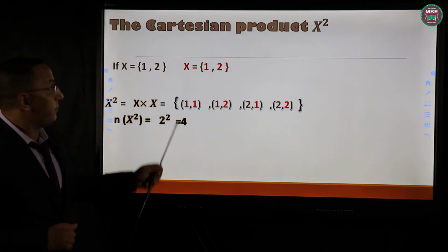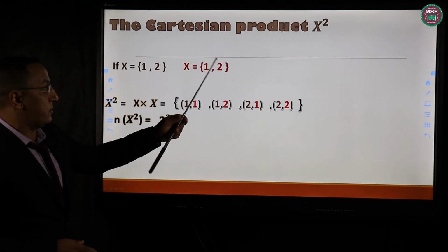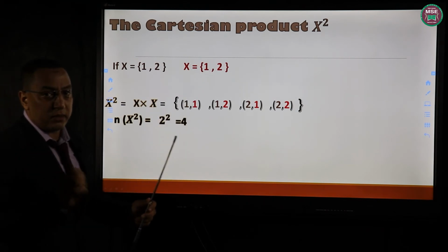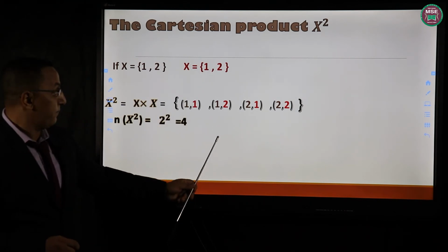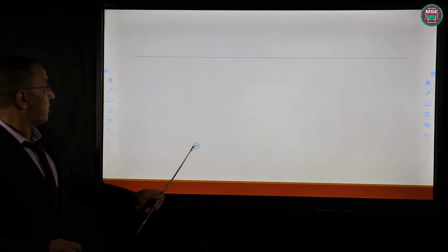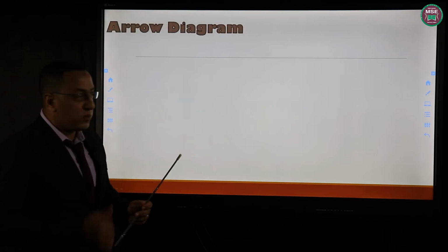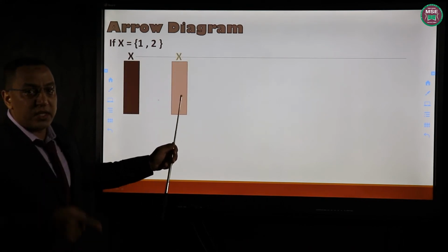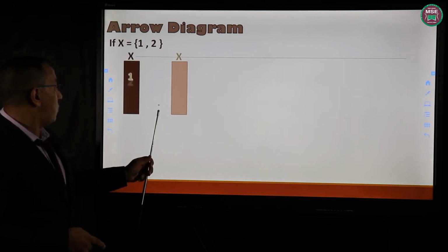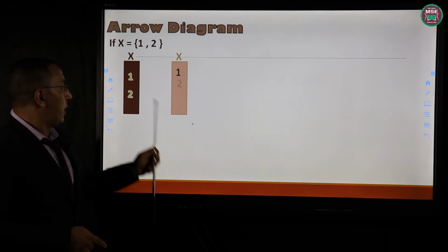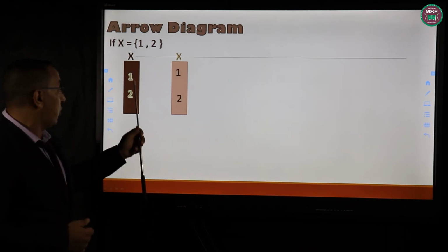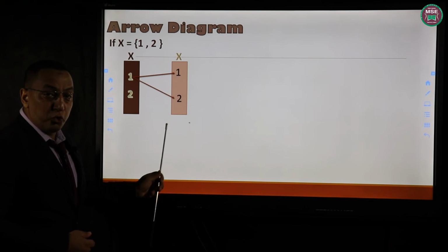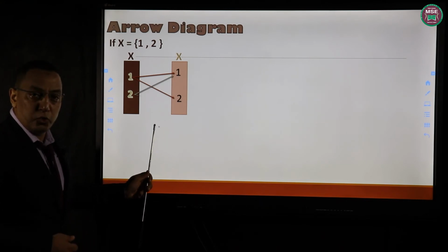To represent the Cartesian product X power 2 by arrow diagram and Cartesian diagram, let's see this one. The arrow diagram, as we studied before: here I'm going to write X and on the other side X, so here 1, 2 and 1, 2, and connect the arrows as I studied before: (1,1), (1,2), (2,1), (2,2).